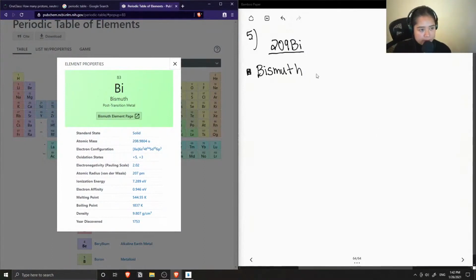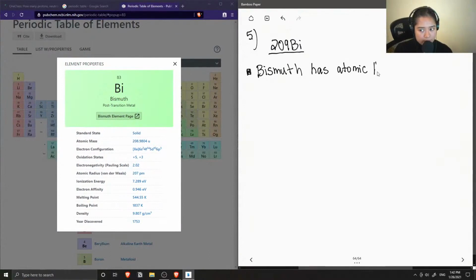And we're interested in its atomic number. So bismuth has an atomic number equal to 83. So the atomic number tells us how many protons bismuth has. So therefore, we have 83 protons.